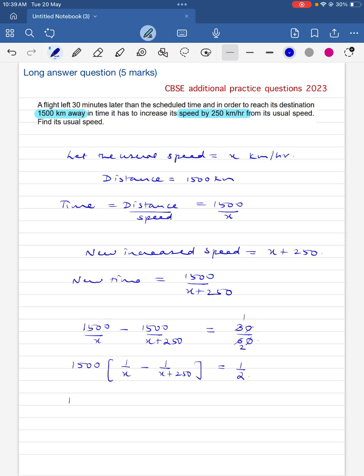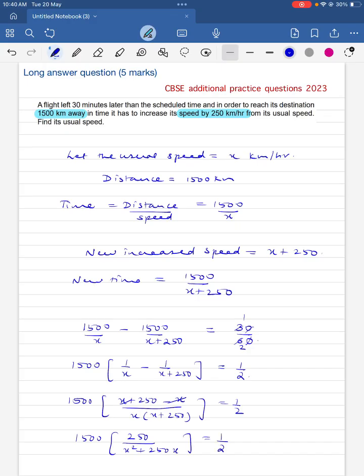So that is 1500 times x plus 250 minus x divided by x times x plus 250 is equal to 1 by 2, or 1500 times, the x terms get cancelled away, 250 divided by x squared plus 250x is equal to 1 by 2.